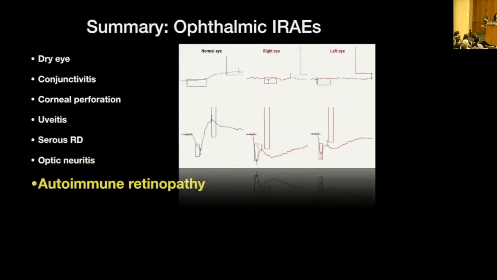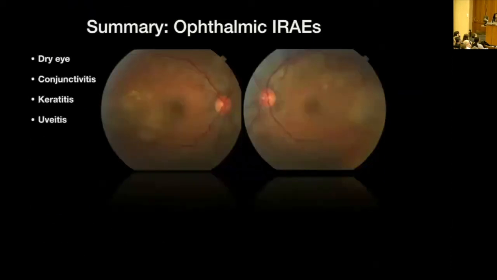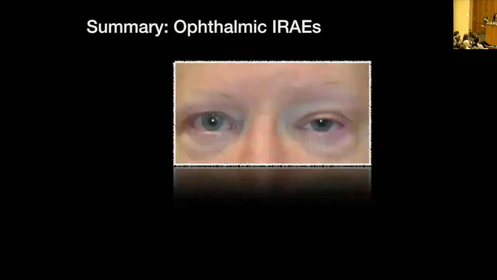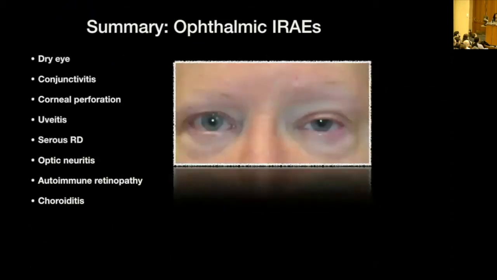ERG or electroretinogram will show an attenuated B wave, which signifies loss of bipolar cells. And we discussed choroiditis, where remember the choroid is part of the uvea, so this is a type of posterior uveitis.